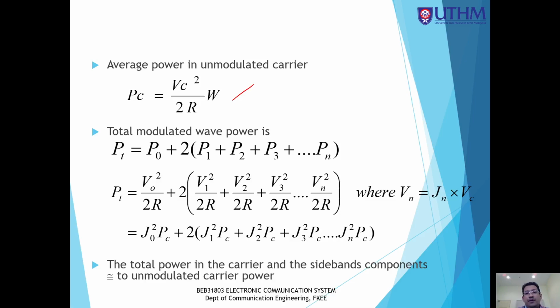So if you ask whether you can write total power equal to Pc, Pt equal to Pc, the answer is yes, because the total power in an angle modulated signal is equal to the carrier power.